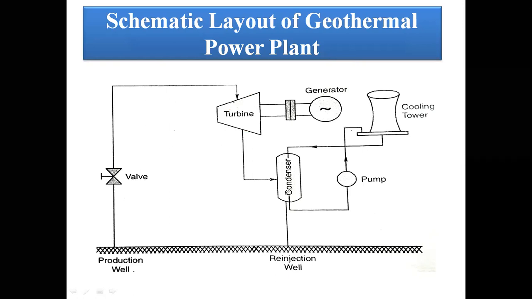Why they prefer only magma resources is that the cost is less. The geothermal power plant is constructed away from the load center. Only a few areas have rock land inside the land where the temperature is more, 150 to 300 degrees centigrade.